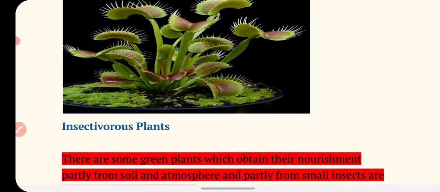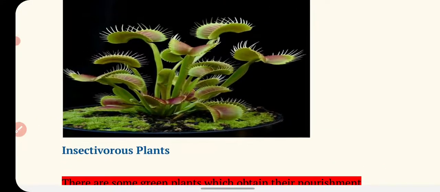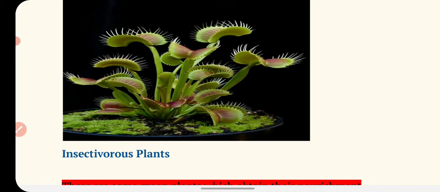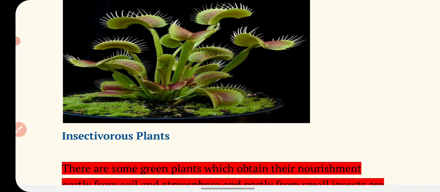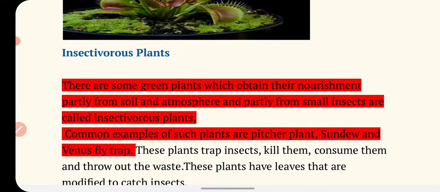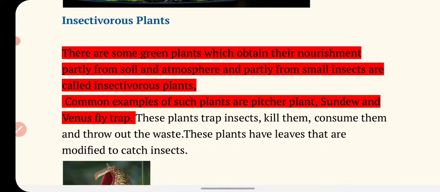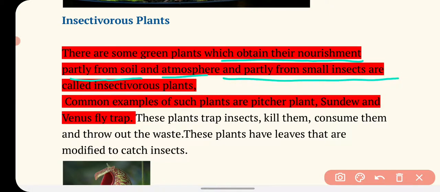Now the third kind of plants which show the heterotrophic mode of nutrition are insectivorous plants. Insectivorous plants are some green plants which obtain their nourishment partly from the soil and atmosphere, and partly from some small insects. They are green and perform photosynthesis, but they derive some nutrients from the insects.